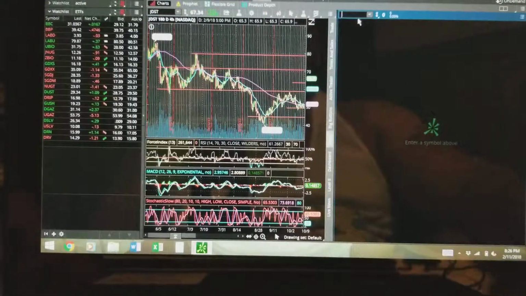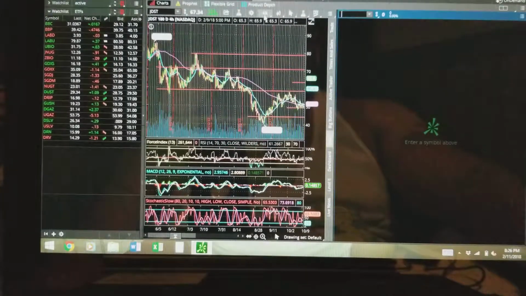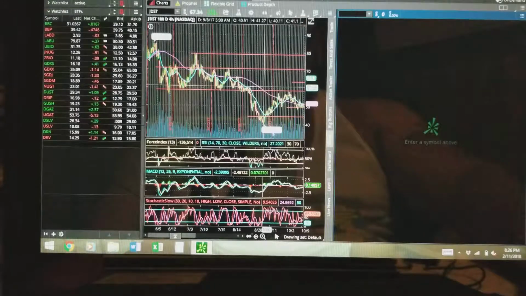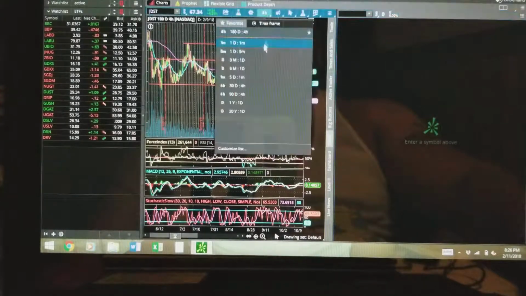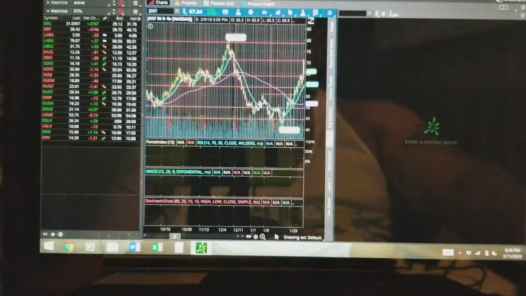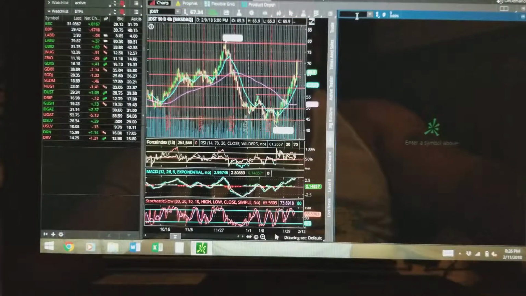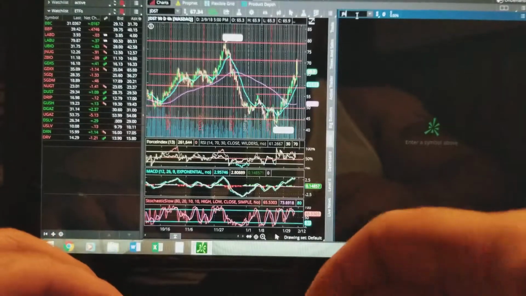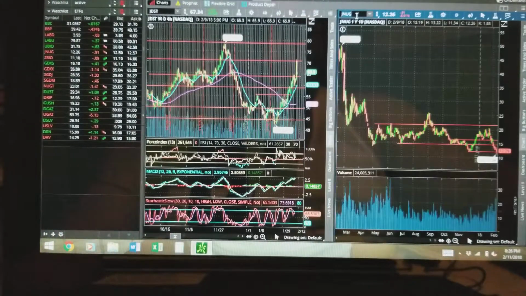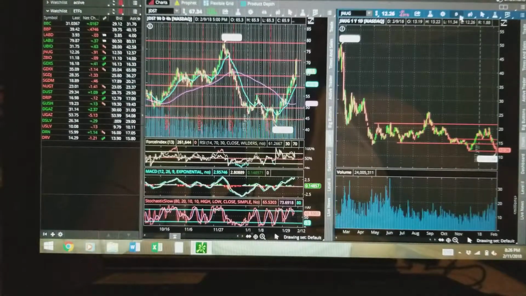So we have JDST right here, and let's pull this up on a 90-day 4-hour chart. And then the inverse of JDST is JNUG. Okay.